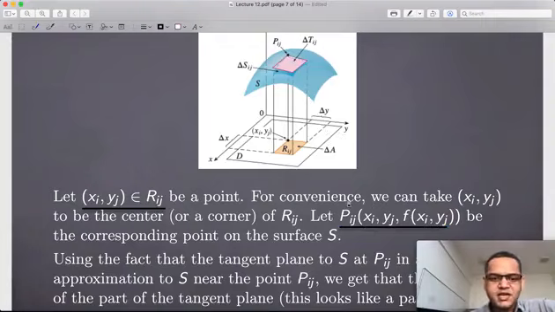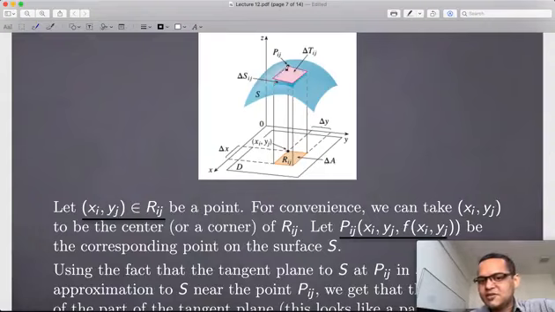Okay, now at this point we are going to look at these tangent lines. Correct, so there are going to be two tangent lines, and that is what we are going to look at, and these two tangent lines are basically going to give us a parallelogram locally. Okay, so we know that this is part of the tangent plane, and this approximates the surface locally at the point (x_i, y_j).